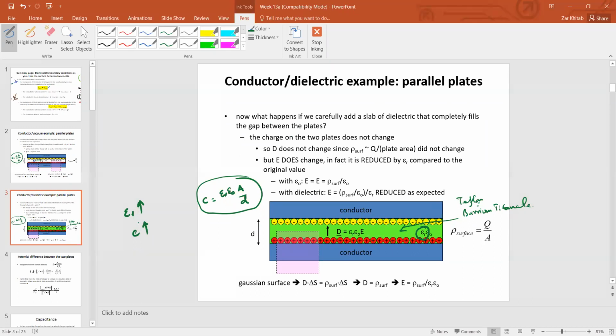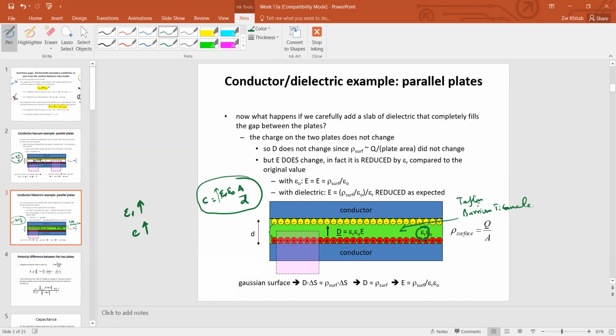But the problem is the higher epsilon r also weakens this structure, because if epsilon r is very high, there's a probability that the charge comes down here and the capacitor might get short circuited for a certain high enough voltage.